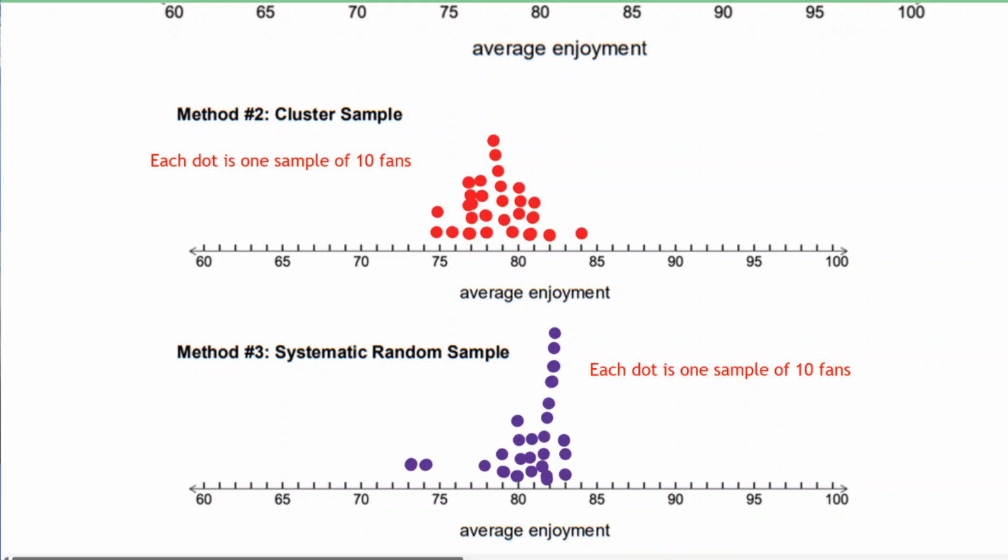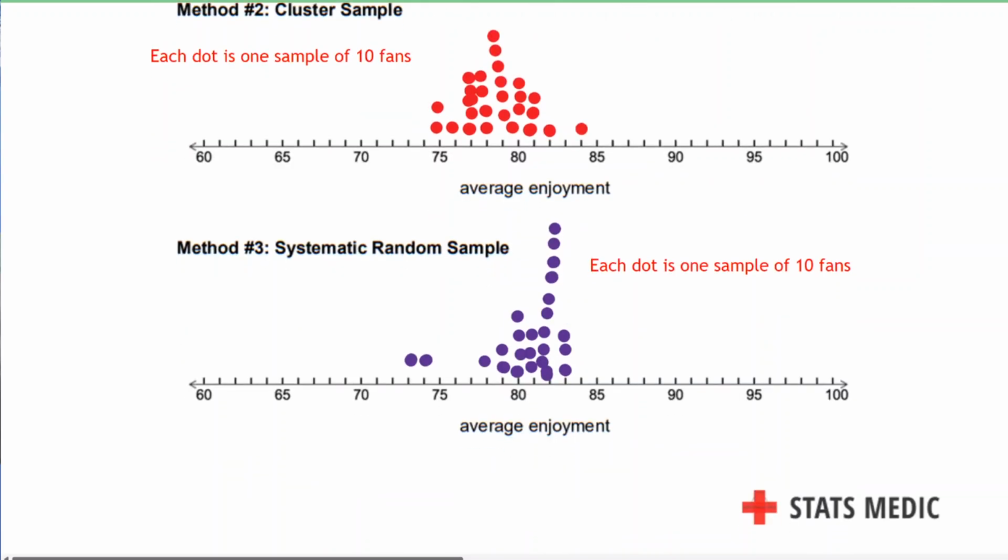So both of these methods, if done correctly, will produce a distribution of samples that is centered at the true population mean and with low variability. And that's really what we're looking for.